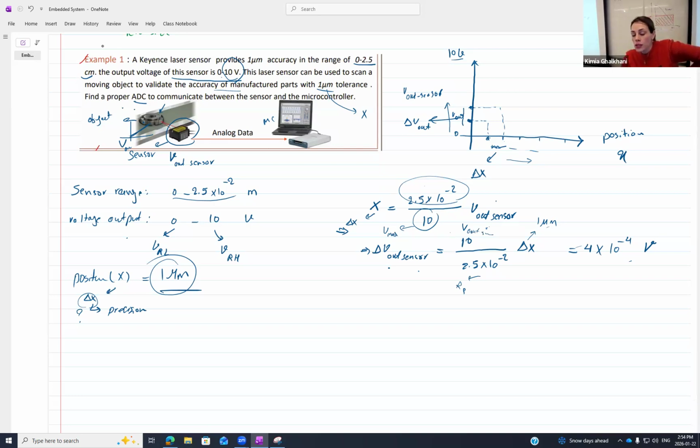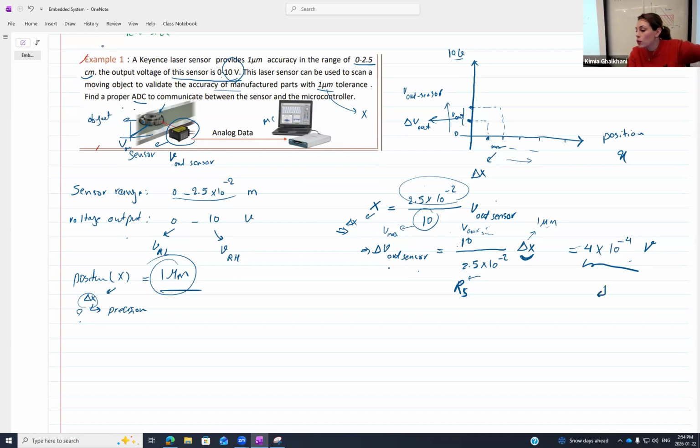The difference between the output voltage of the sensor at its point is going to be the maximum of the voltage divided by the resolution of the sensor times any change of the location. Now this is the equation, yes. So is the equation only for the higher voltage and the higher accuracy range? Only for the higher one?